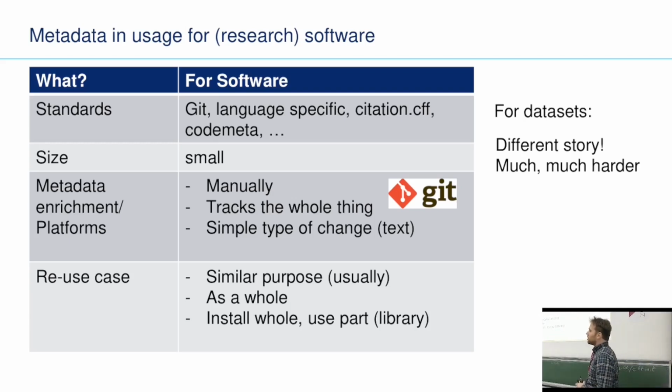And also the reuse case of software is quite easy, because usually people want to get the whole part of your software and install it and run it, and not, for example, in the case of a data set, I want to have this part of your data and use it for something completely different that you've never thought of. And therefore, I think this problem is solvable, and one can make quicker and faster progress here, if the community moves into such a direction.